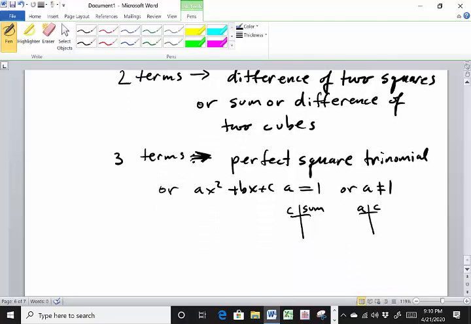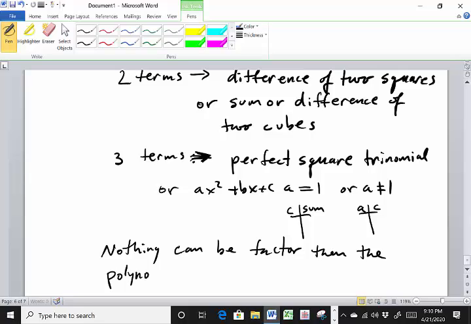If nothing can be factored, then the polynomial is prime. Okay? Every once in a while you have a prime polynomial.